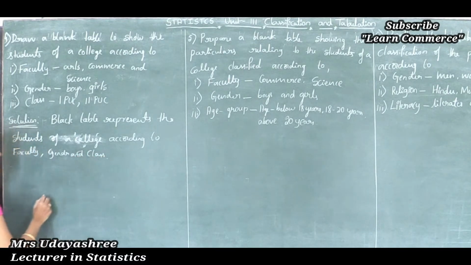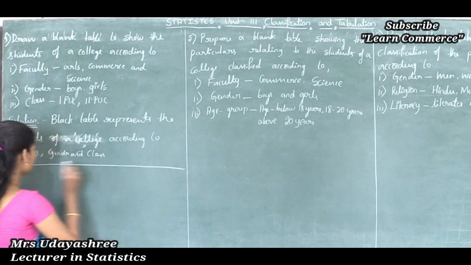Therefore the title is: blank table represents the students of a college according to faculty, gender and classes. Okay, now let's see how to prepare the tabulation.